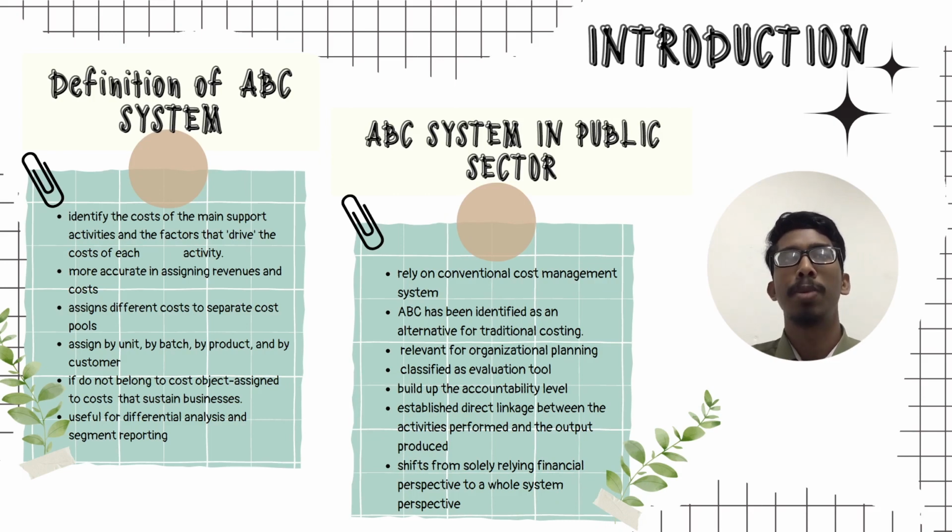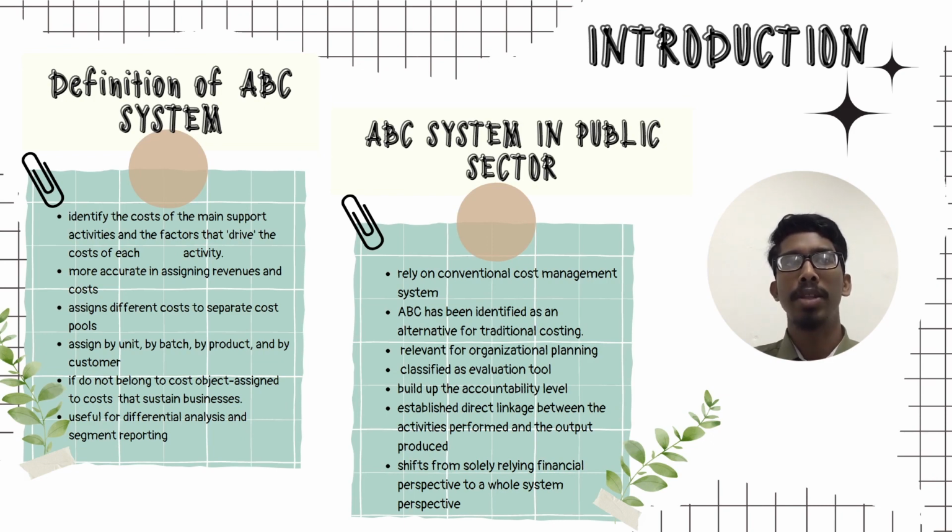So let me explain about ABC costing in the public sector. Activity-based costing is widely used by public sector manufacturers and service providers in order to establish the accurate cost of producing individual products and providing individual services.